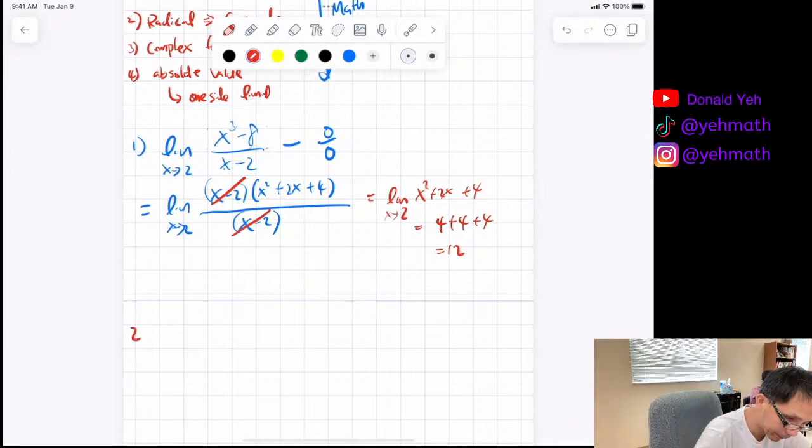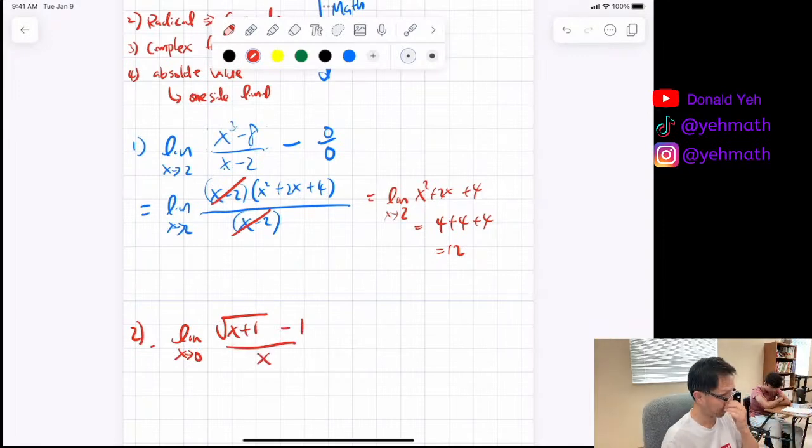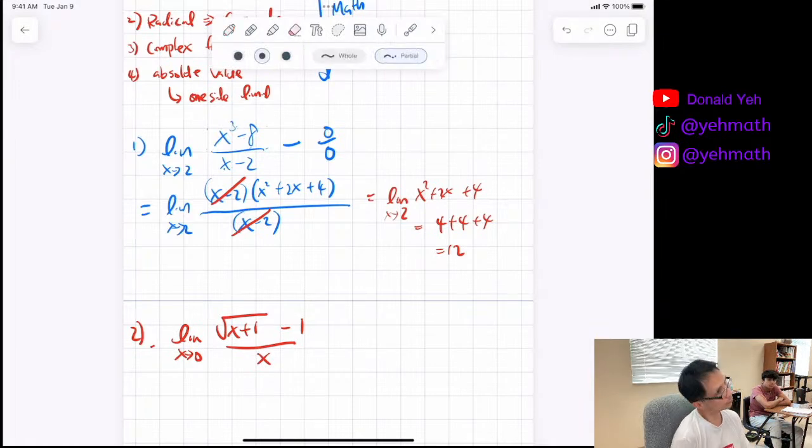Second case. The limit as x approaches 0 of square root of x plus 1 minus 1 over x. What happens if I plug in 0? No, not undefined. 0 over 0, indeterminate.